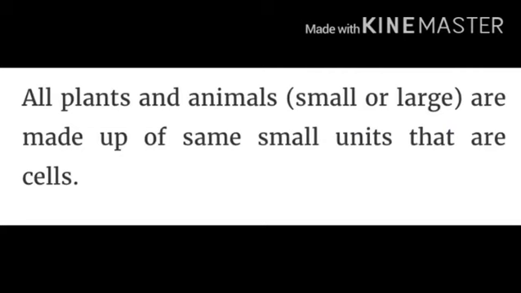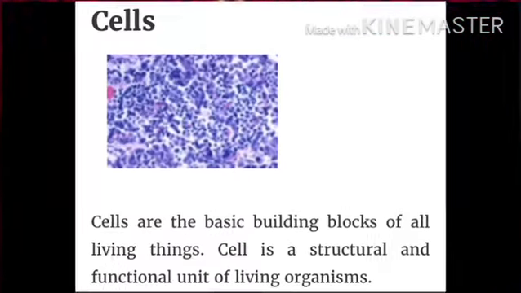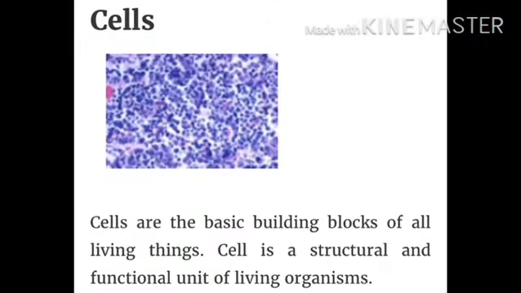All plants and animals, small or large, are made up of small units that are called cells. Now, cells. Cells are the basic building blocks of all living things. A cell is a structural and functional unit of living organisms.